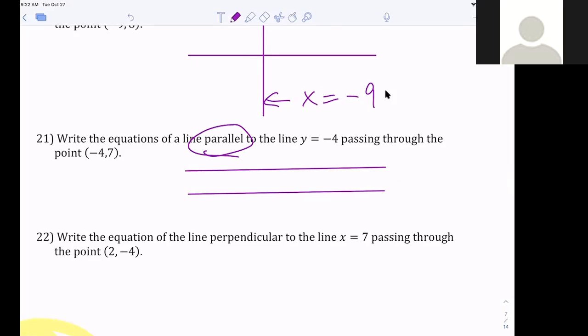If you're parallel to a horizontal line, you have to be horizontal, right? So the equation is y equals, what's the y value? 7. Y equals 7. These are parallel lines. This is the answer, y equals 7.